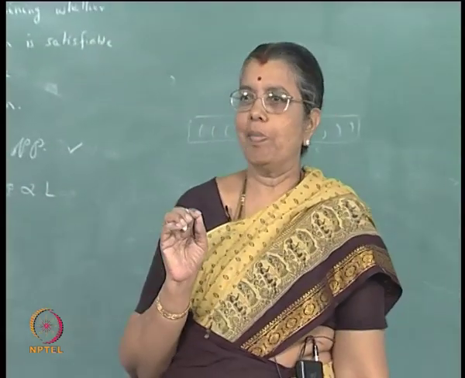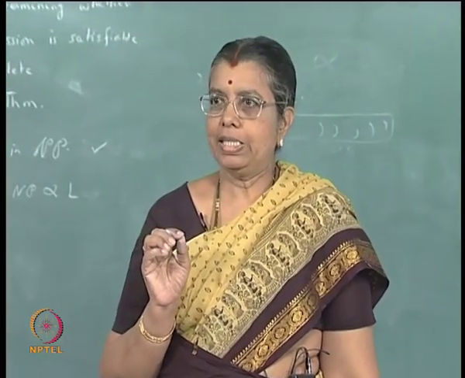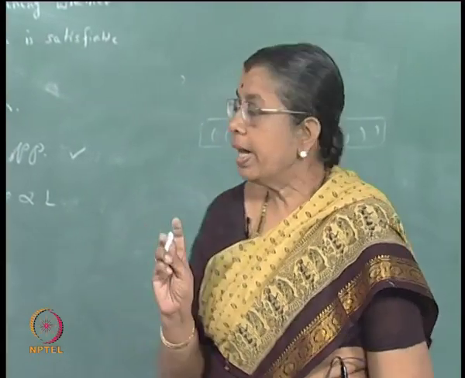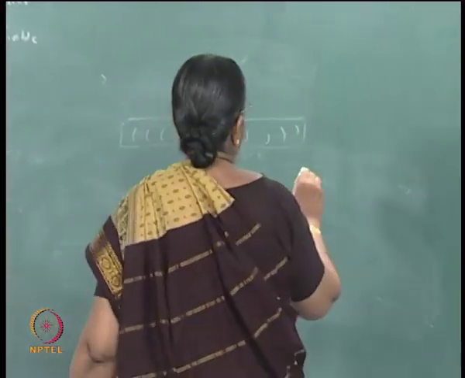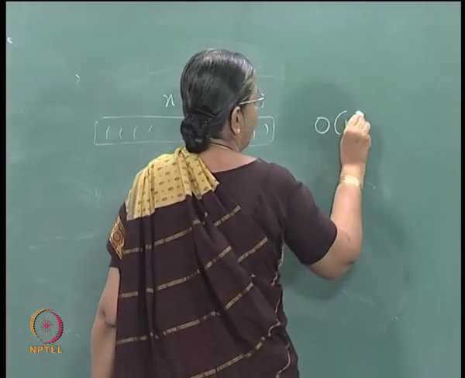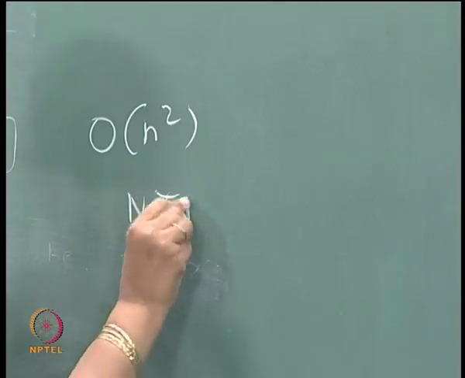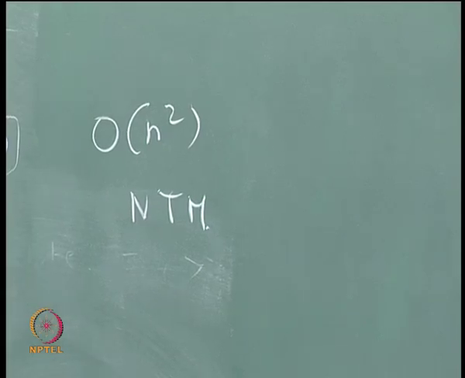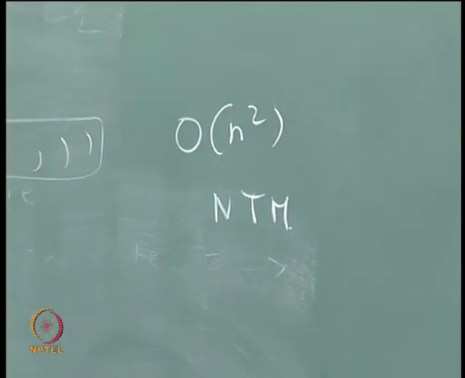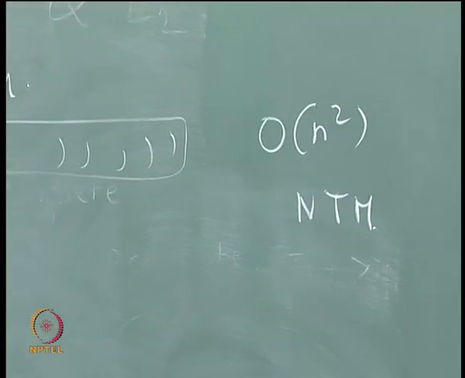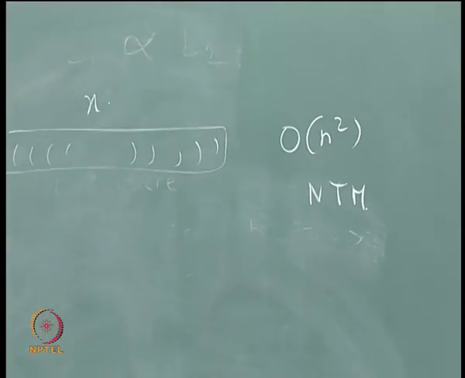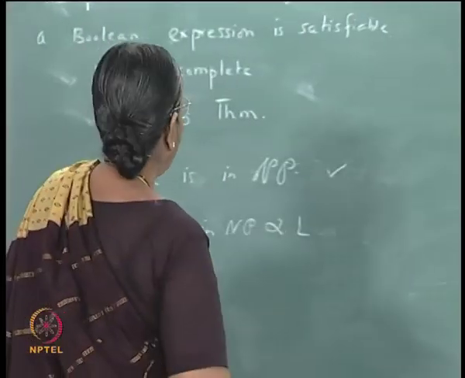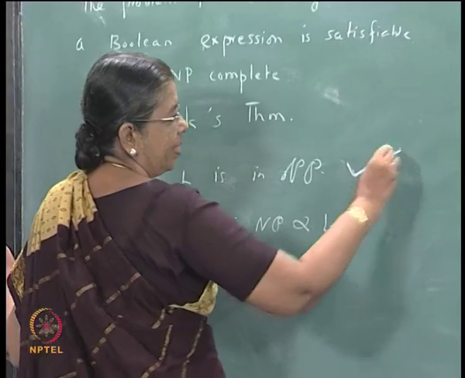The constants do not matter so much at this stage, right. So, in order n squared time you can have a non-deterministic Turing machine which will evaluate the Boolean expression and say whether it is satisfiable. If it reduces to 1, it is satisfiable. If it reduces to 0, it is not. So, L is in NP, this is very clear.